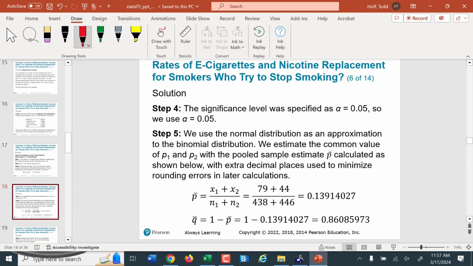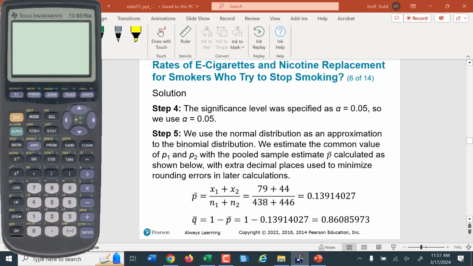Using the alpha of 0.05 level of significance, we need to pool our proportions. So what we're going to do on the calculator, we have to know how to enter our parentheses here to make this work. So on parentheses, we do 79 plus 44, close the parentheses, divided by, then put parentheses around the bottom, 438 plus 446, and then close those parentheses, and we get that pooled P bar is 0.1391.